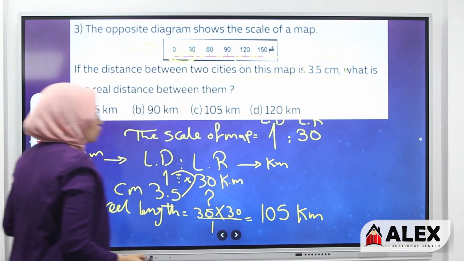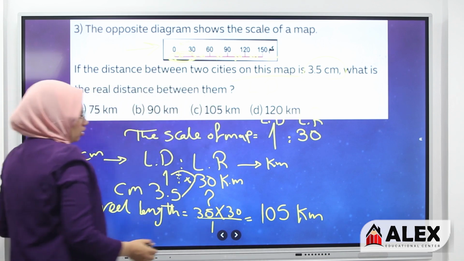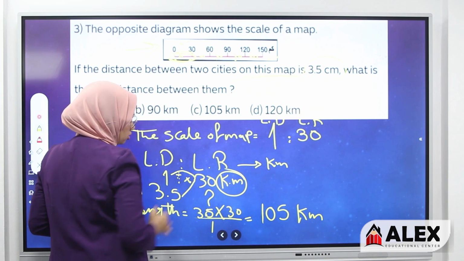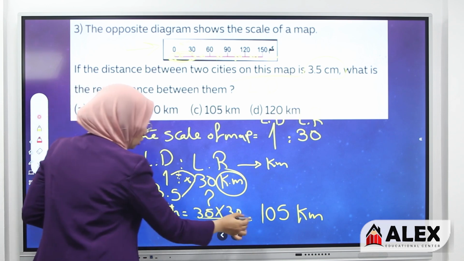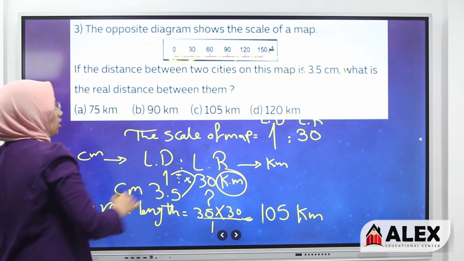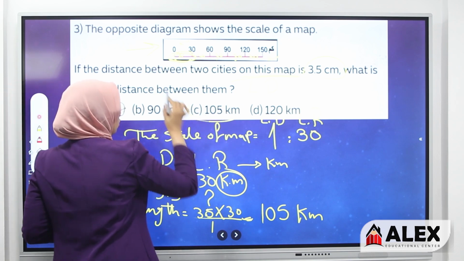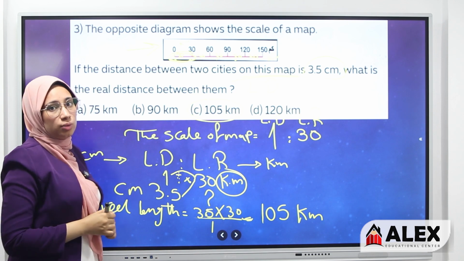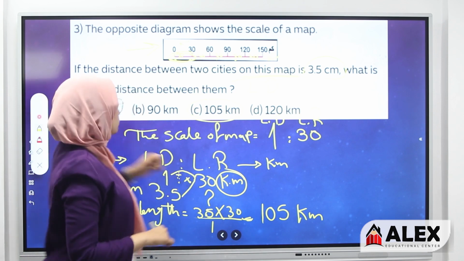Okay, because from the first, here it is in kilometers, and here also in kilometers.